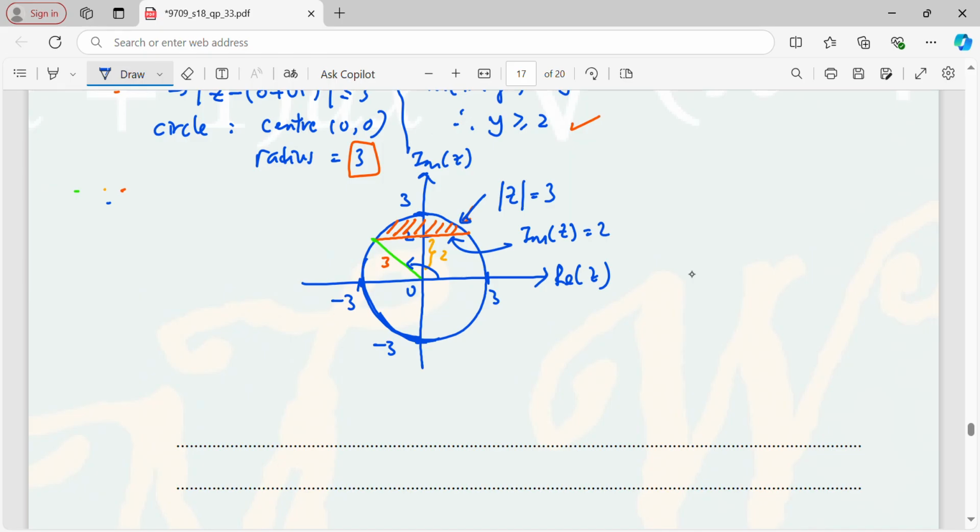So I will draw the right triangle. Here is my 2 units. That is the y coordinates. So I will draw the right angle triangle over here. I need to find this angle, right? Or probably I just draw this triangle. I draw this triangle. That will be better. I don't draw this. I draw the other one.